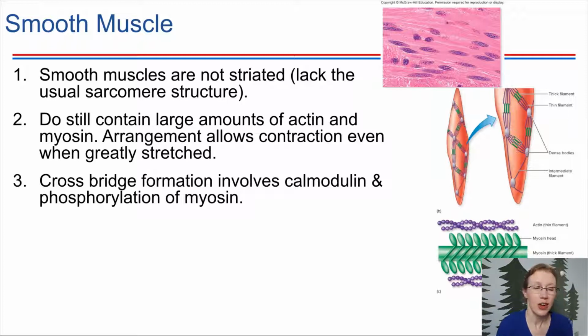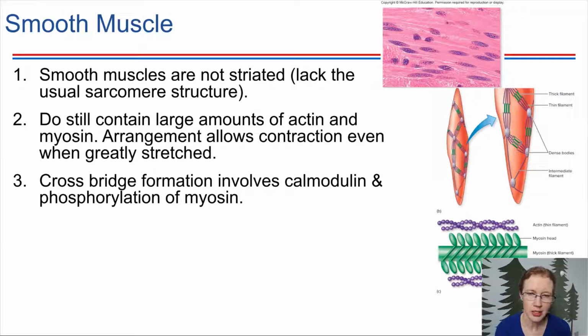What's different here? Well, instead of troponin being involved, smooth muscle has a different protein. It's called calmodulin. Calmodulin, that name should ring a bell. That was in one of our second messenger systems, which you can go back and review if that's not ringing any bells. But calmodulin is there in place of troponin in smooth muscle.